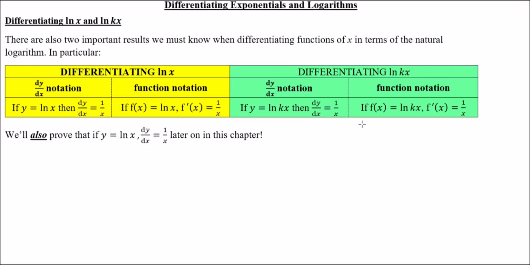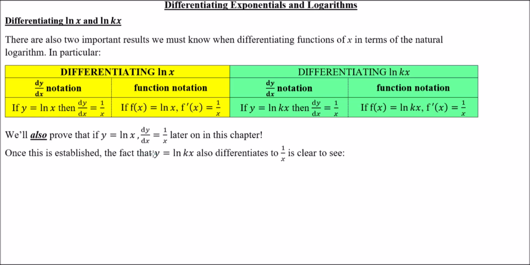But anyway, why is the derivative of ln kx the same as the derivative of ln x when they look completely different? Well, if y is ln of kx, it differentiates to 1 over x. And why is that? Well, we can use the laws of logs here. ln of kx is the natural log of a product of k and x. If we're taking the log of a product, we can split the product into its individual components.